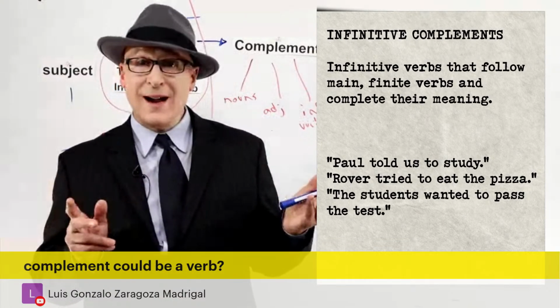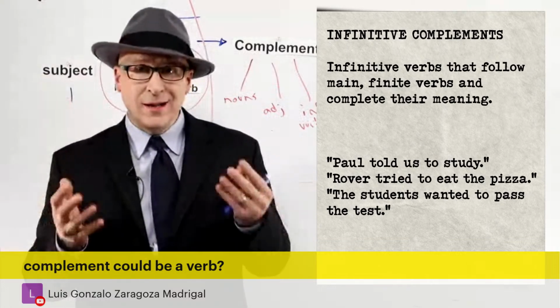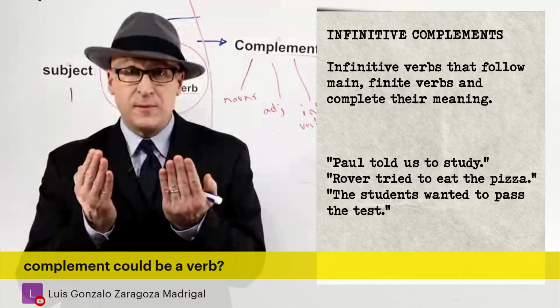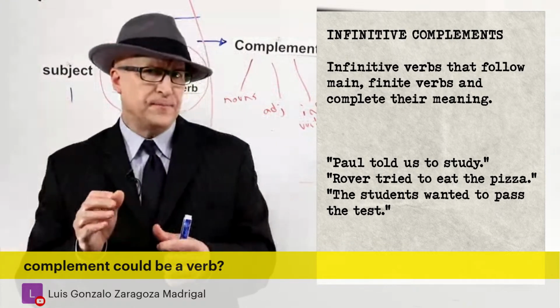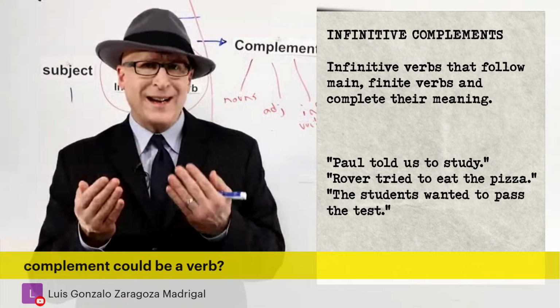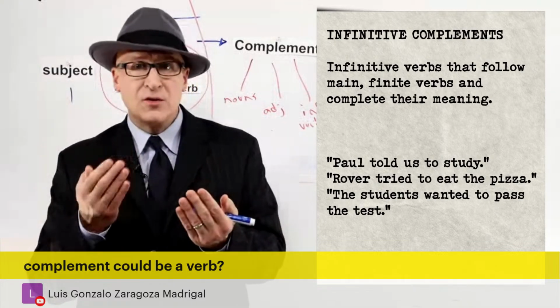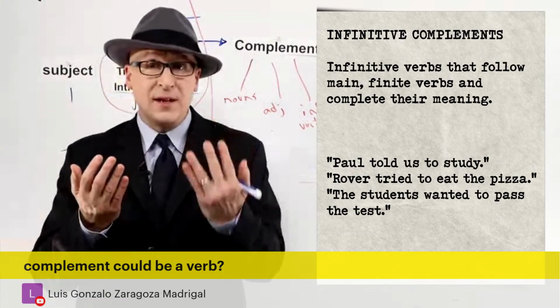Then we have Rover tried. Tried is the main verb, past tense. Tried what? Tried to eat. So you have two verbs beside each other. Now in English, you can't really have two verbs in base form like Rover tried eat. That doesn't work. Tried to eat. Okay? So your main verb followed by the infinitive verb.